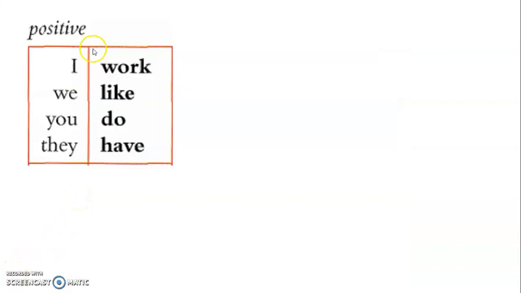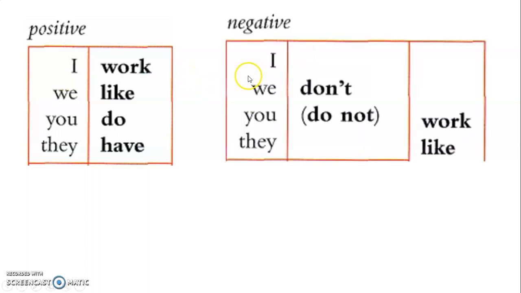So just remember that in the positive form, with I, we, you, and they, we just put the normal verb. We don't put ing, we don't put an S. And in the negative, with I, we, you, and they, we just use don't and the verb. So I work in the positive. In the negative it becomes I don't work.